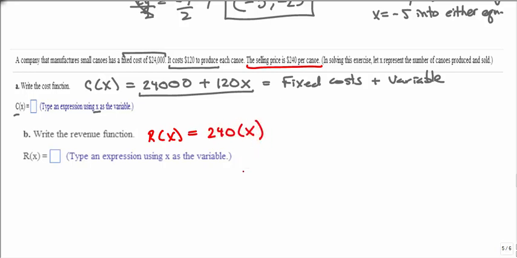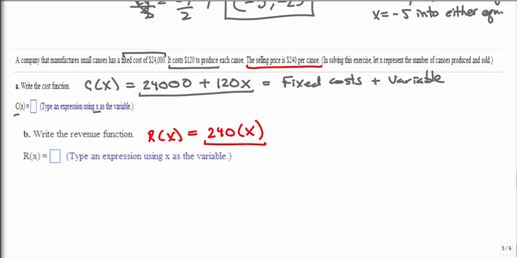Now this is not taking into account the cost that it created for me to get this canoe out on the selling floor. It just says how much money do I bring in? Then I have to subtract out my costs in order to find my profit, but we're not quite to that point. Now x is the number of canoes sold. So if I sold, let's say 10 canoes, I would have a revenue of $2,400. So this is my revenue function.